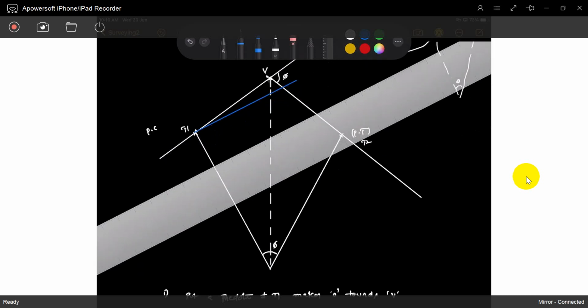That is a line of sight. That is delta 1.